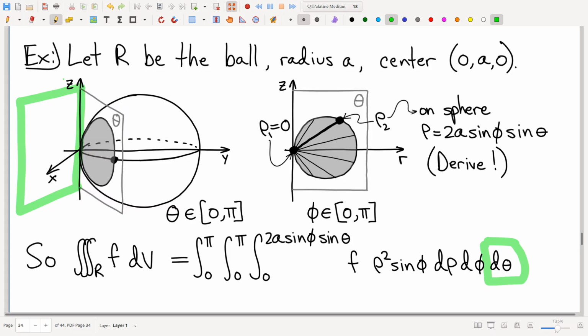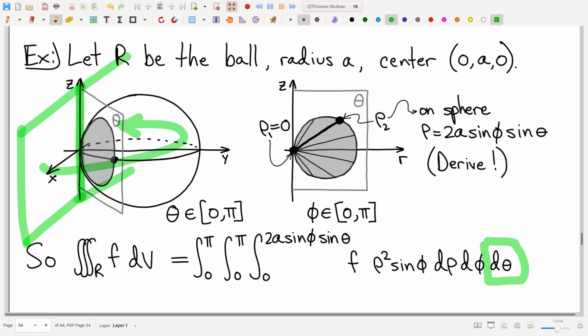So I claim that looking at these actual slices, the very first one is going to be where theta is equal to 0, and the very last one is going to be where theta is pi.